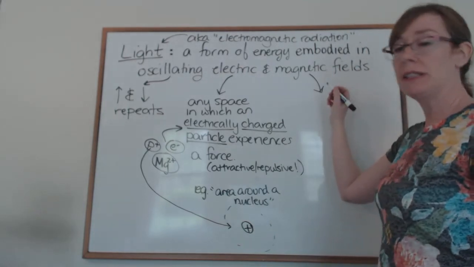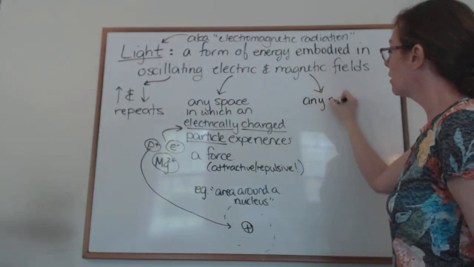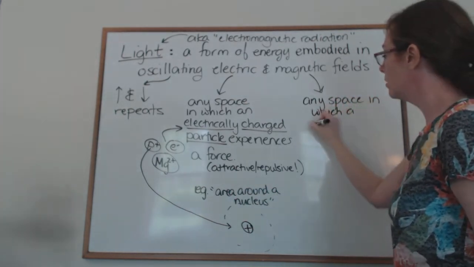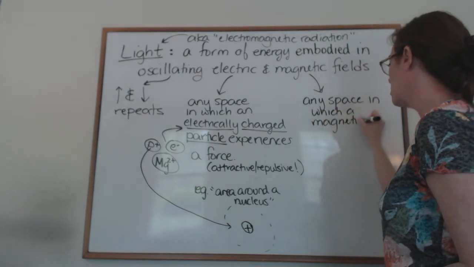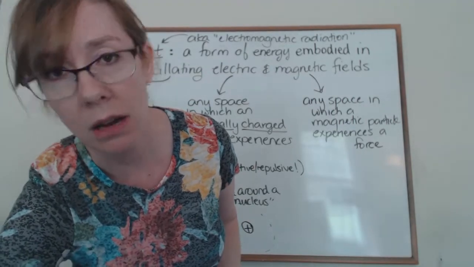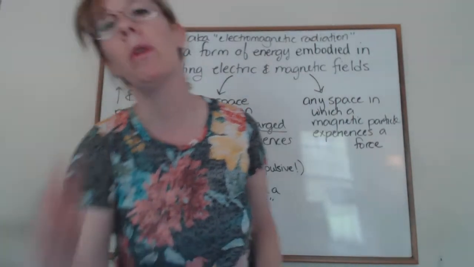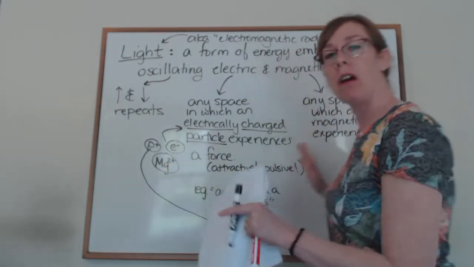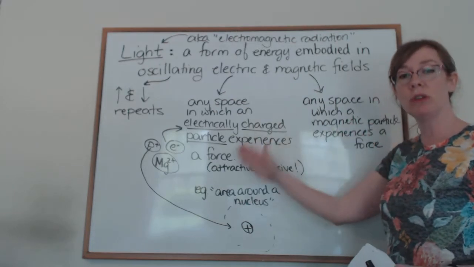A magnetic field is very similar. It's any space in which a magnetic particle experiences a force. So first off, we just want to reiterate that being electrically charged and being magnetic is not the same thing. We haven't talked a lot about magnetism. It's a bit more in the realm of physics, it does affect chemistry, but for our class, we're just going to kind of leave that alone, knowing that they're two different things.